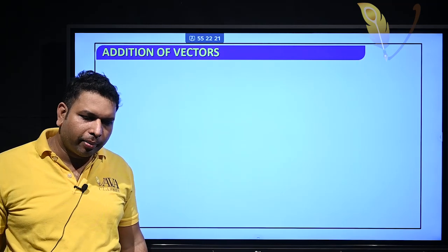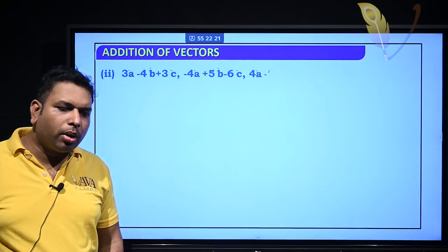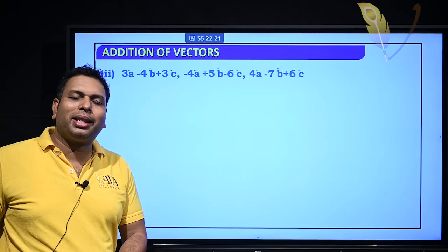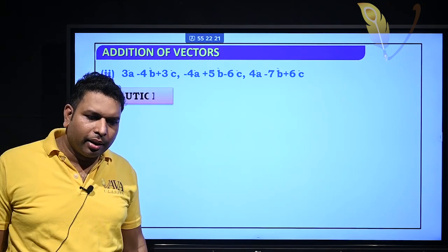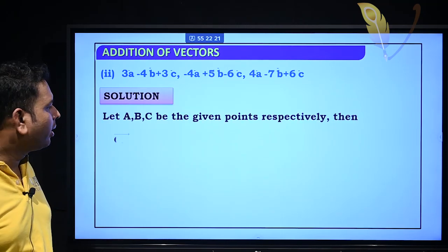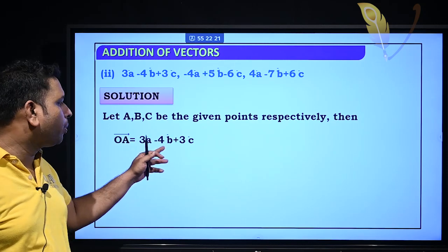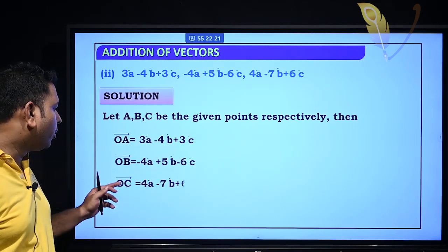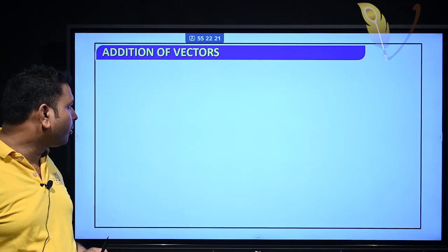Okay, now prove this: 3a minus 4b plus 3c, minus 4a plus 5b minus 6c, 4a minus 7b plus 6c. Solution: let A, B, C be the given points respectively. Then OA equals 3a minus 4b plus 3c, OB equals minus 4a plus 5b minus 6c, OC equals 4a minus 7b plus 6c.